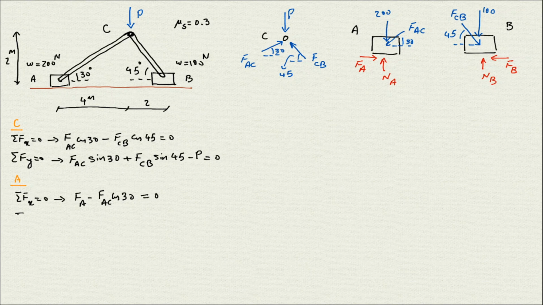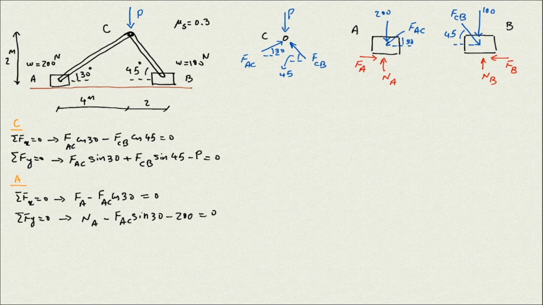And then I can write sigma Fy is 0. For sigma Fy I have the NA positive going upward, and then I have negative FAC sine 30, and then I have the weight also moving downward, negative 200, so it's going to be 0. So that's what we have at the A.